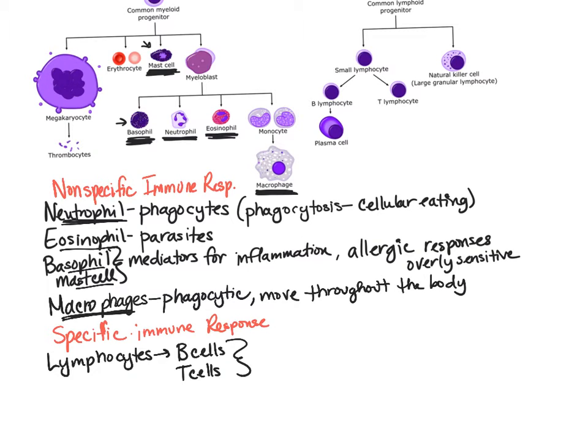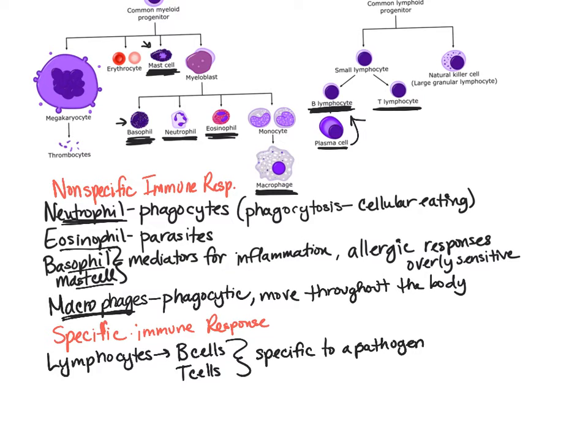But as the name implies, they are specific to a pathogen. They are able to recognize a specific type of pathogen and then attack that specific type of pathogen. If we look up here at our chart, you can see our B lymphocyte and our T lymphocyte, and this includes the plasma cell that comes from the B lymphocyte. So these are our lymphocytes here.